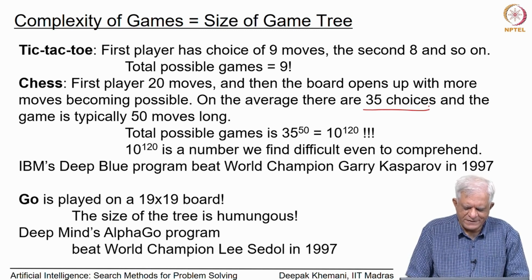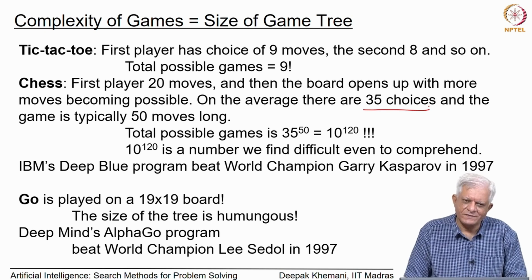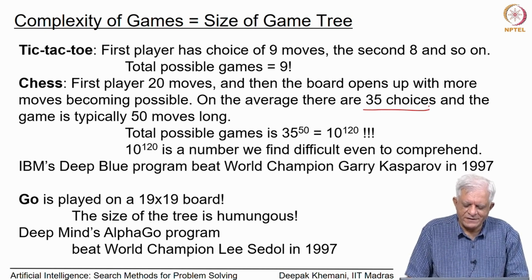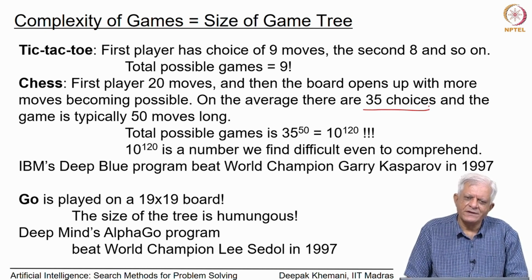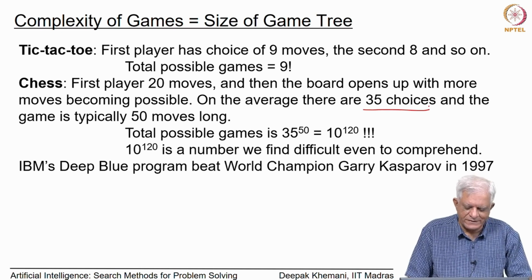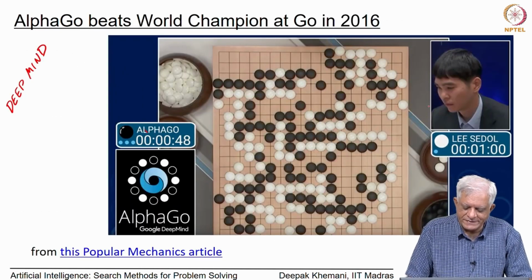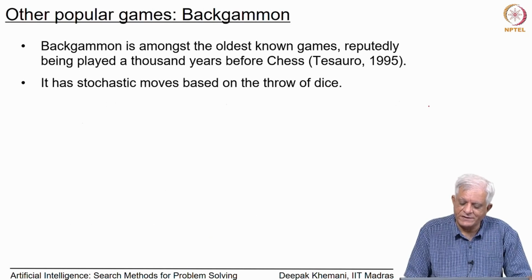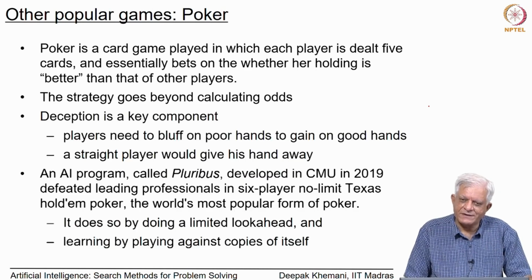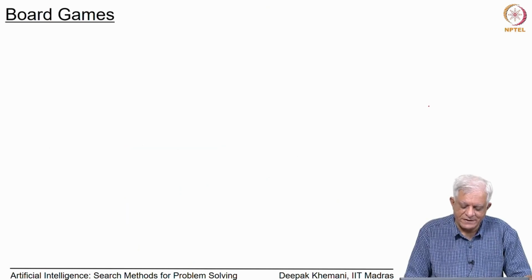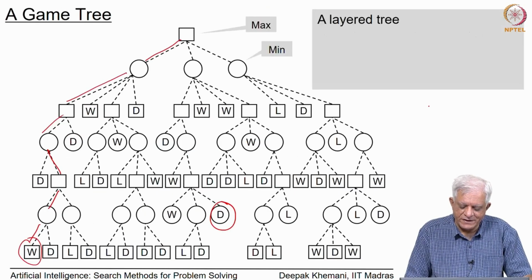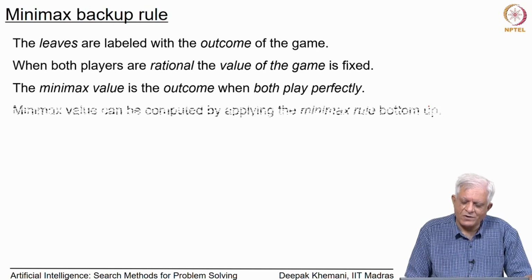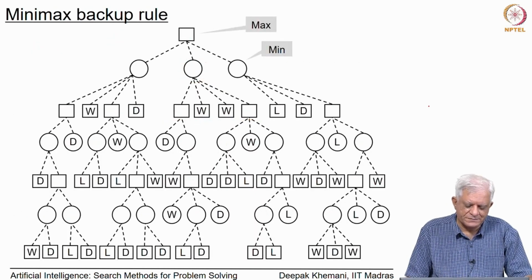So, in some sense Go and tic-tac-toe have a similarity in that in Go, if you remember the figure that we had seen, you had to place either a black coin or a white coin on the board, and there were 19 by 19 choices in the first place, and you can imagine that the size of the branching tree was really humongous.